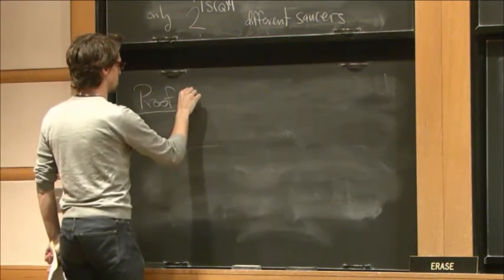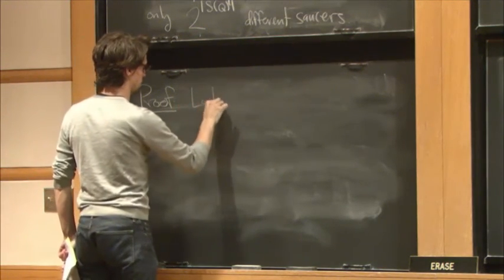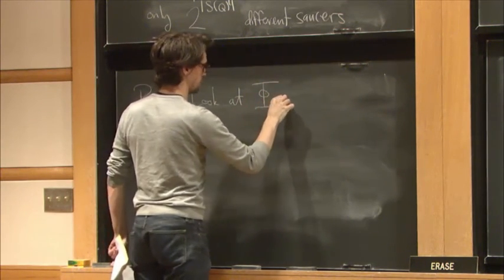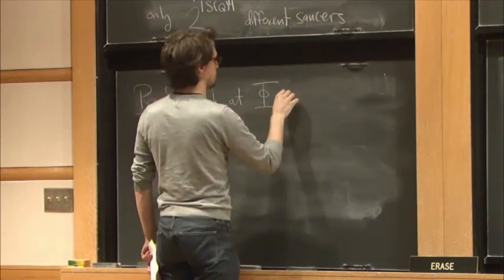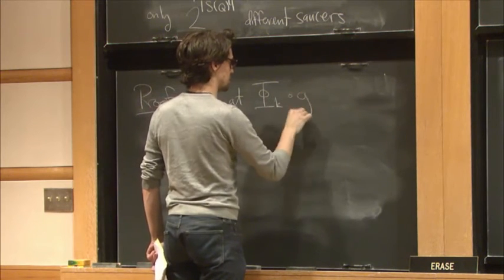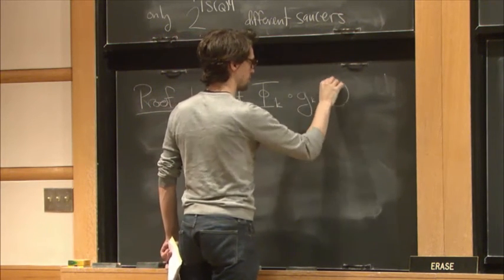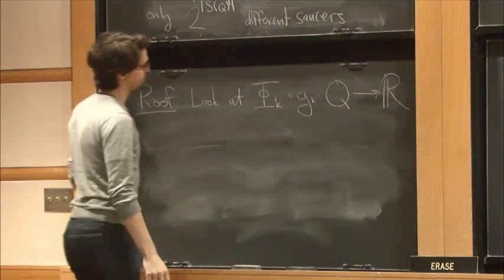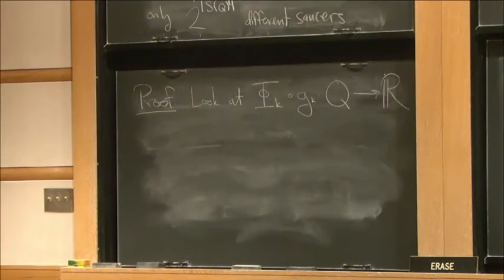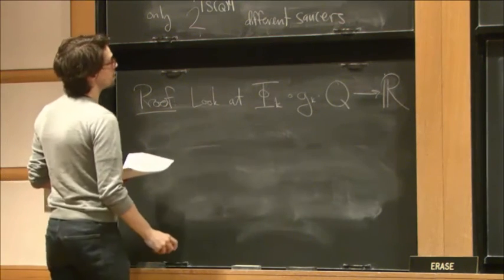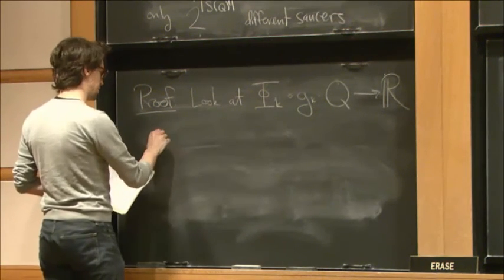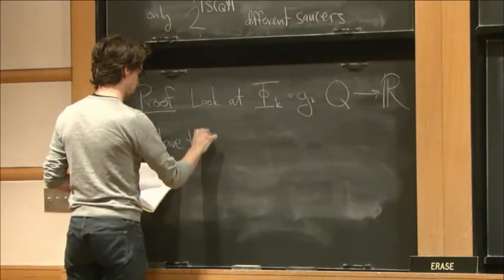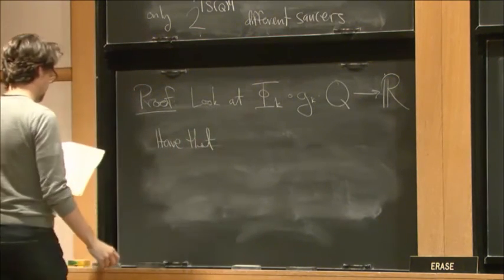So look at V k composed g of k as a map from Q to R. And what is this equal to?